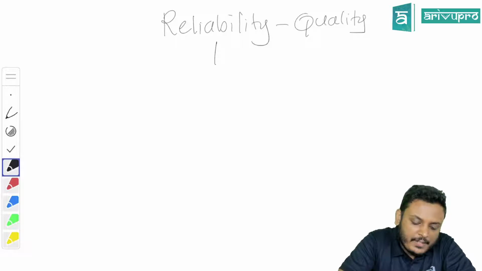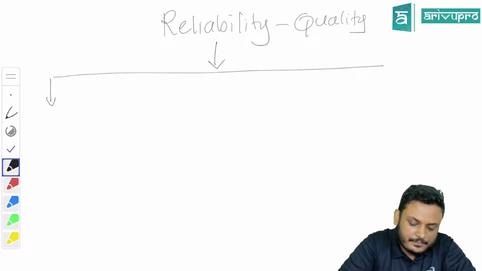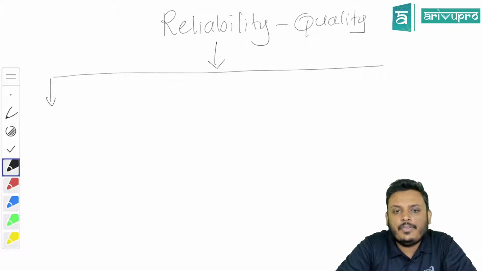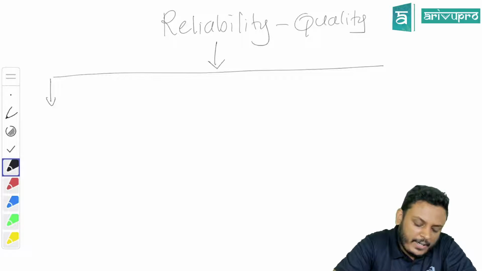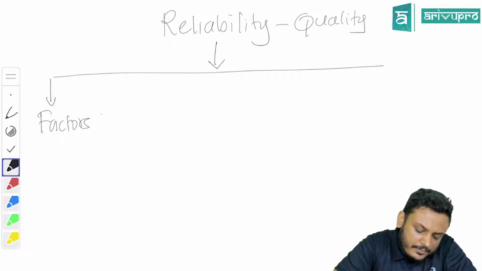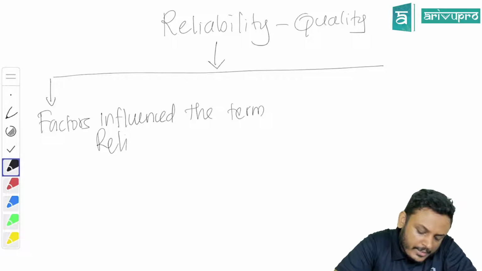It's quality evidence. So, the following factors influence the term reliability.